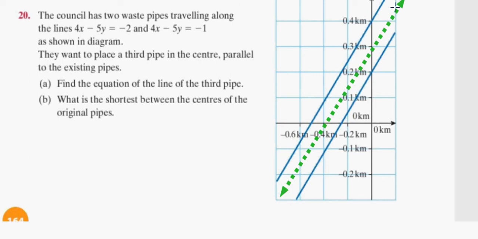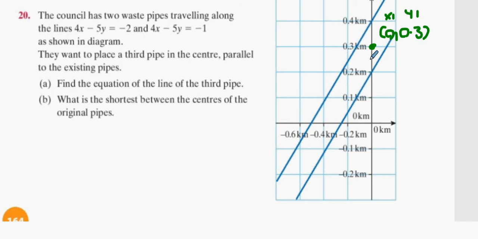Step 1. Third pipe. Find the equation of the line of the third pipe. It's actually easier than you think. What's halfway between point 2 and point 4? There you go. That can be your x1 and y1, can't it?